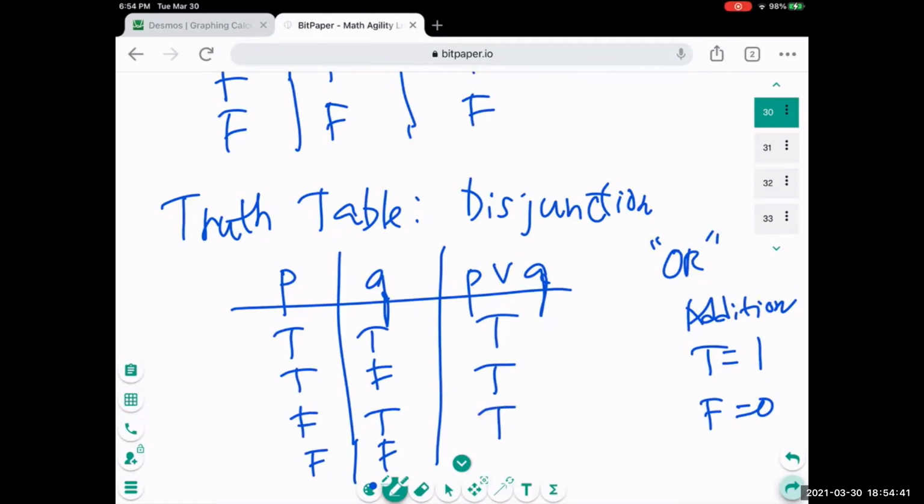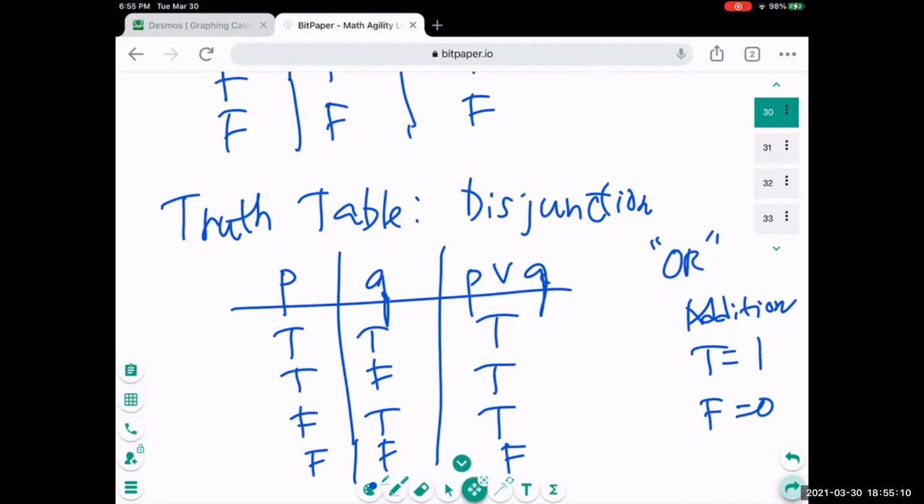And then, of course, when both are false, like 0 plus 0, it's still false, right? So we can see that it is true when there is at least one true, and false only when P and Q are both false. If there is one true, it is immediately true. When both are false, it is false.